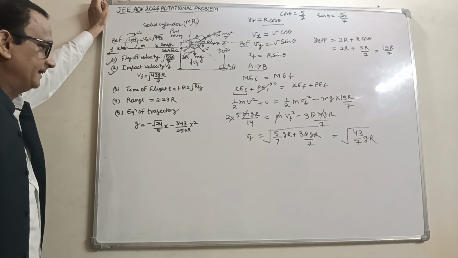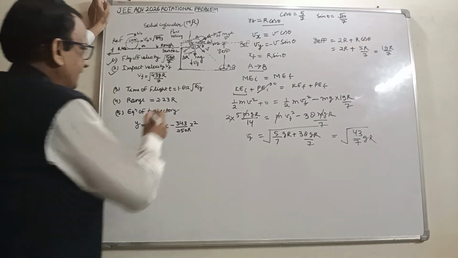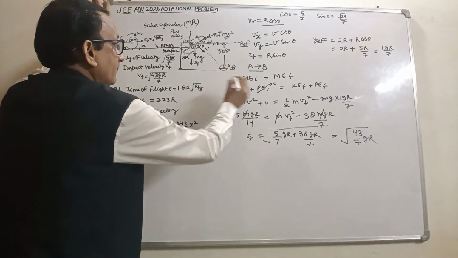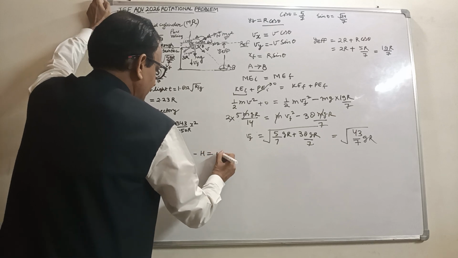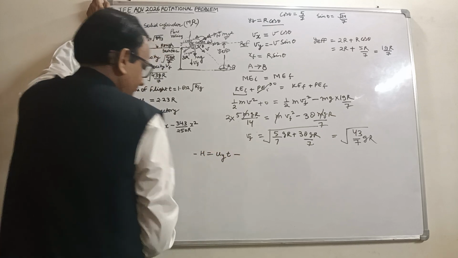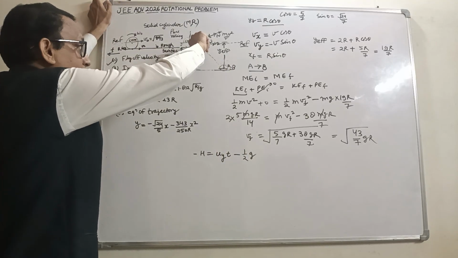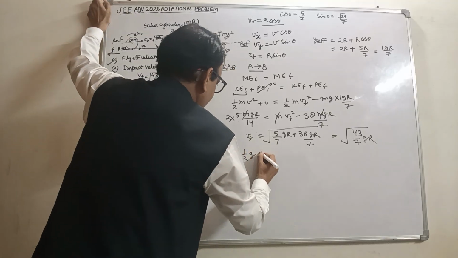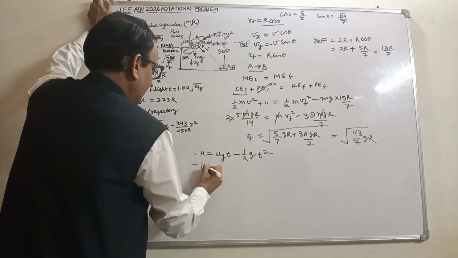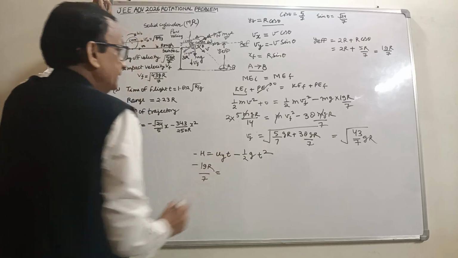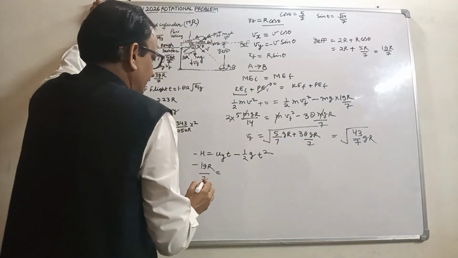Now for the calculation of time of flight t, we have y effective. So h is equal to u_y t minus half g t square, because this motion is under gravity. So this will be minus 19 r by 7, with initial velocity in y direction v sin theta.